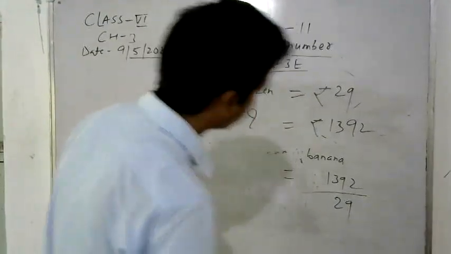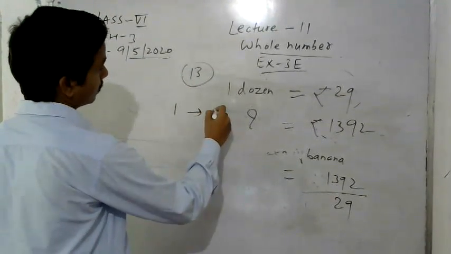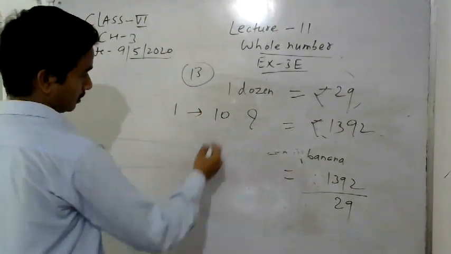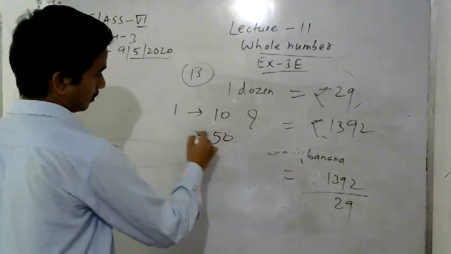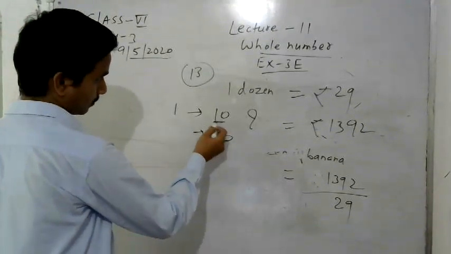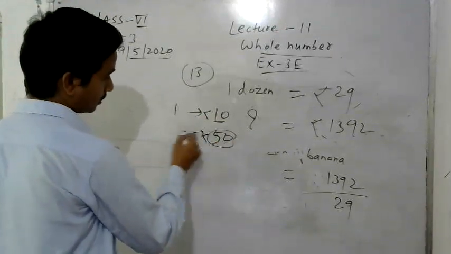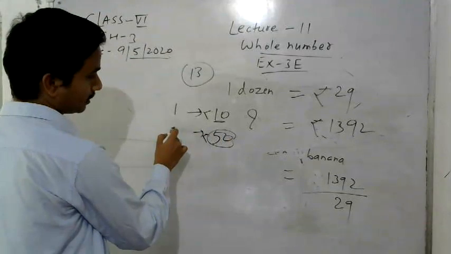For example, suppose 1 dozen banana costs 10 rupees, and if you want to buy 50 rupees of banana, how many dozens will you buy?